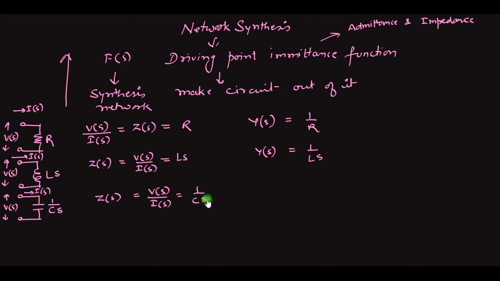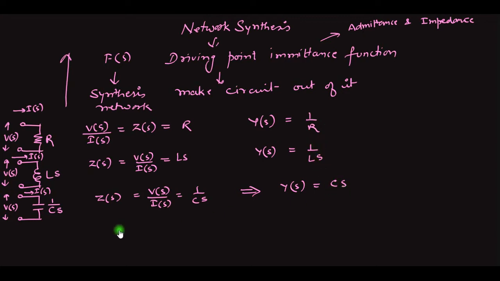Similarly, its driving point admittance would be Ys equal to Cs. So we have found the network functions for a single resistance, a single inductor and a single capacitor, and they come out to be R, Ls and 1 by Cs, or 1 by R, 1 by Ls and Cs.